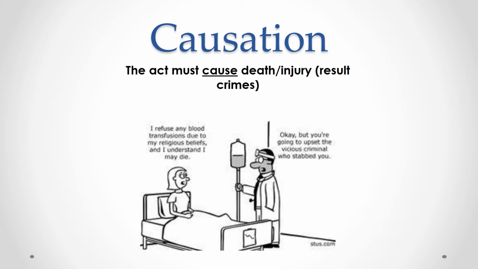So for result crimes and for the OCR specification, these are those that require an outcome as part of the actus reus, so a killing for murder or manslaughter, injury of some degree from your lowest level battery or fear or panic if it's assault, up to your most serious grievous bodily harm. Okay?